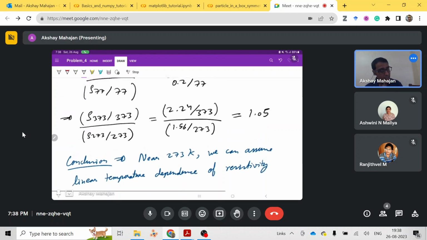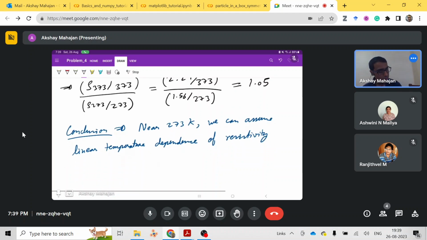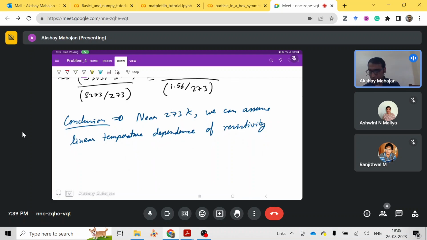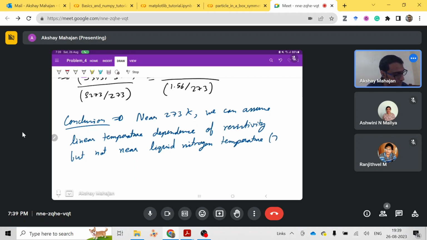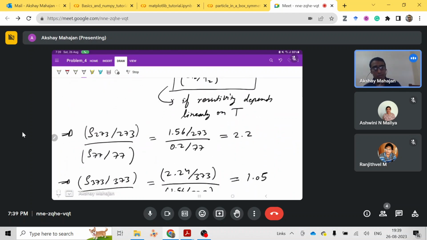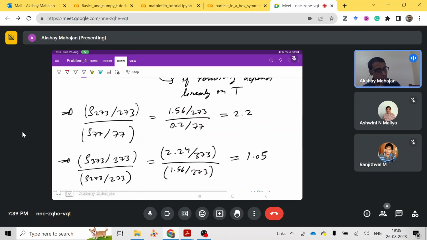And that is why we can assume it, because we can see that from 273 Kelvin to 373 Kelvin, this ratio is coming very close to 1. So we can assume that it is linear temperature dependence of resistivity near 273 Kelvin, but not near liquid nitrogen temperature, which is 77 Kelvin. Since this ratio is not close to 1, near 77 Kelvin maybe resistivity is not changing linearly.